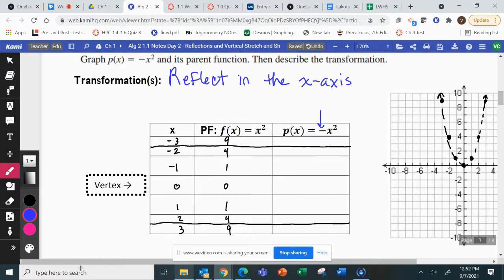Now, the operation of this negative is like -1 multiplied by x squared. So what I do in this column is I times everything by -1. And I'm multiplying the y values because this is a vertical reflection. So all of my y values, I multiply them by -1. That just changes all of their signs.